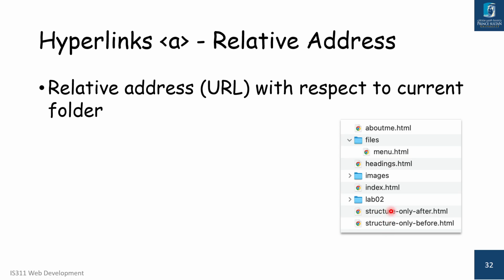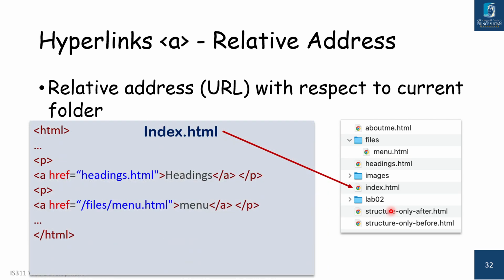So now we are currently inside the index file. The index file, the main page or the home page, has been opened. And now I'm trying to access headings.html, and headings.html is in the same folder. So I can just type headings.html. It will say, in the current folder, find headings.html and open it when I click on the headings link.